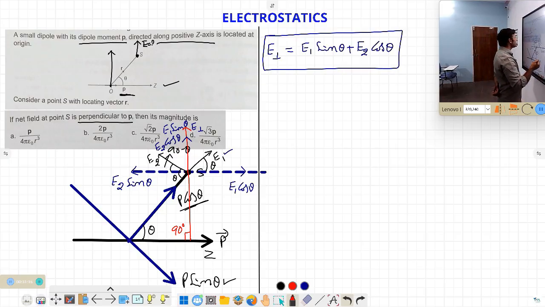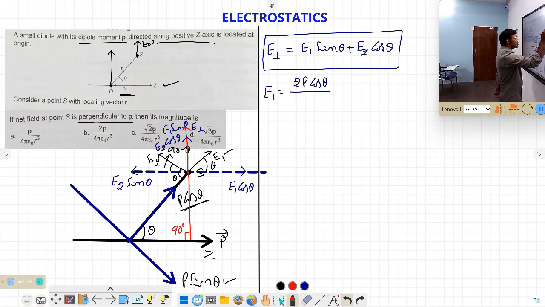Now, in the case of the perpendicular, what is E1? E1 is due to the P cos theta component. What is the electric field intensity? That is 2P cos theta, because the point is along the axial line and E1 is the axial field.